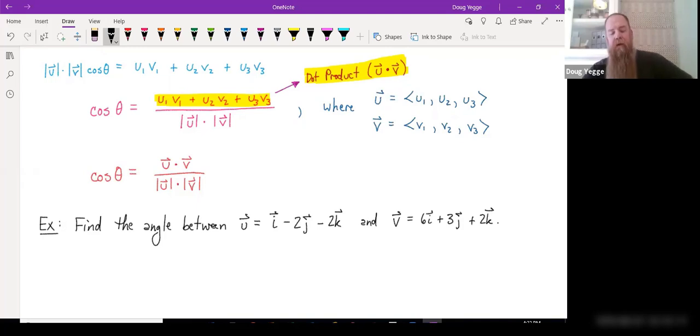Well, apparently, if we want to find this angle, all we have to do is apply the formula here to say that cosine of that angle must be equal to the dot product between the two vectors divided by the product of each of their magnitudes separately.